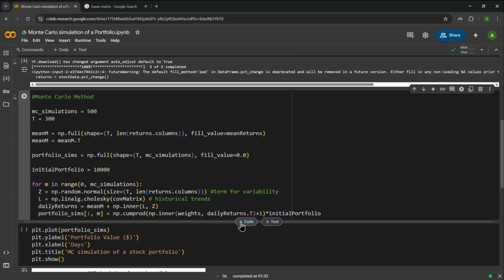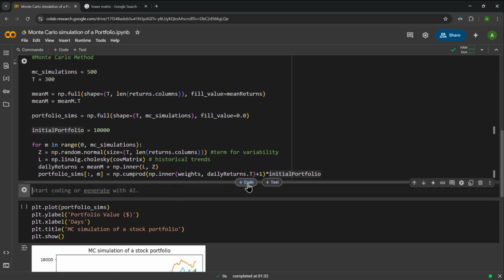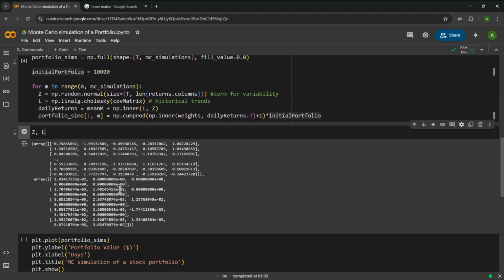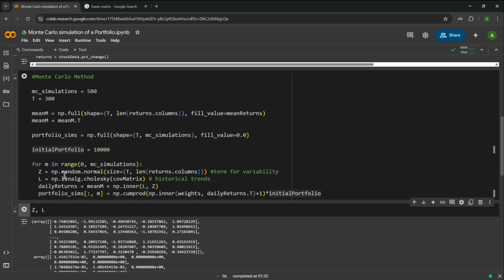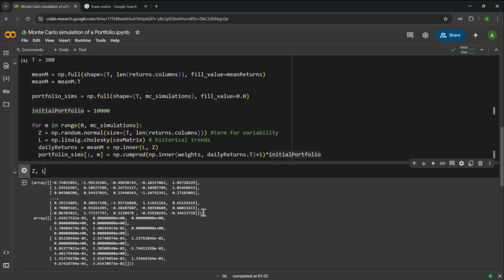So we have portfolio sims, which has all of these simulations. We have 500 simulations for the next 300 days. Maybe I could just show you how portfolio sims looks like and how Z and L look like. It might give you the last run output, but I think that's fine.